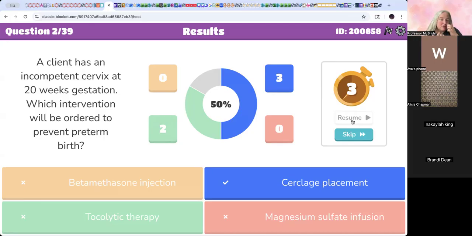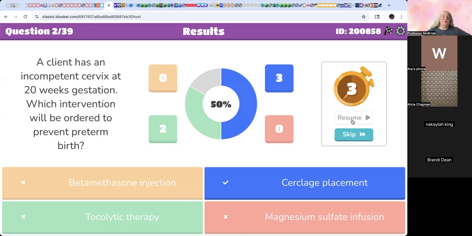For those of you that answered tocolytics, tocolytics are medicines that do what? Relax the muscle. Uterotonics squeeze, tocolytics relax. So I understand the idea of this.